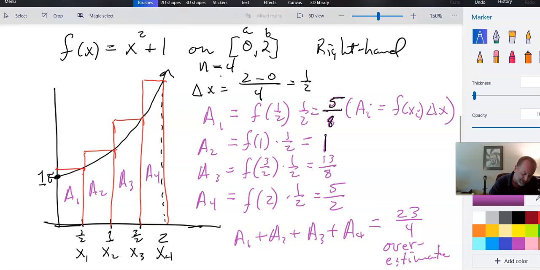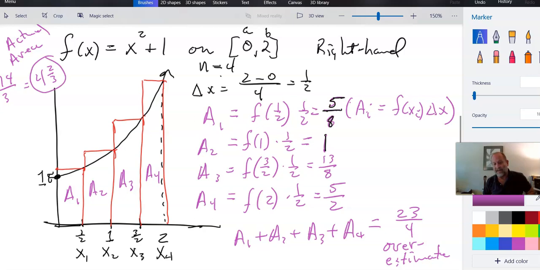It actually turns out the actual area is 14/3, which is 4 2/3. Just to give you an idea, this is over that, right? Because this is 5 3/4. So this is a way of checking.